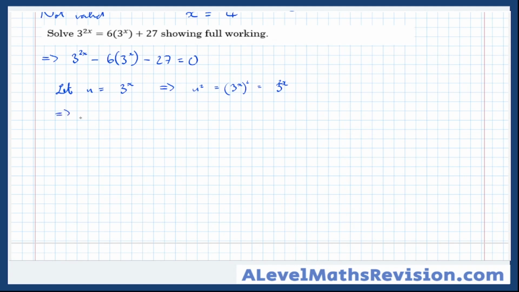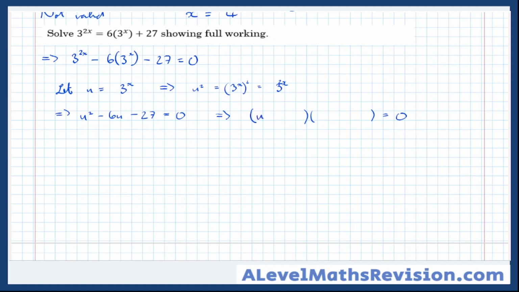So that means that u squared minus 6u minus 27 equals 0. And now we can go and solve that quadratic. If you want to do this by yourself, have a go at pausing it now, continue with it, see how far you get, but I'll continue.